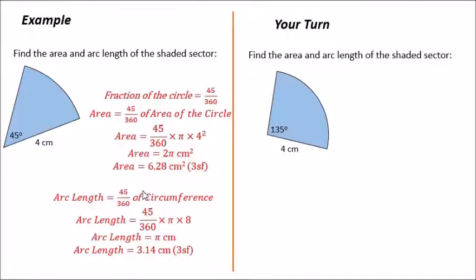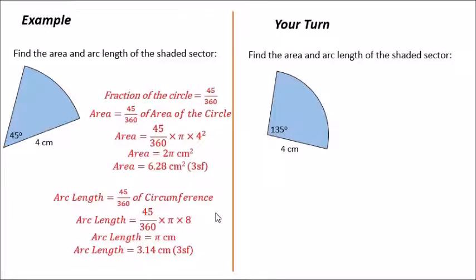So the arc length is 45 360ths multiplied by the circumference, which would be pi times 8, because it's pi times the diameter. The arc length, therefore, if you simplify this or put it into a calculator, is just pi. So the arc length in this case is 3.14 centimetres, so 3 significant figures.